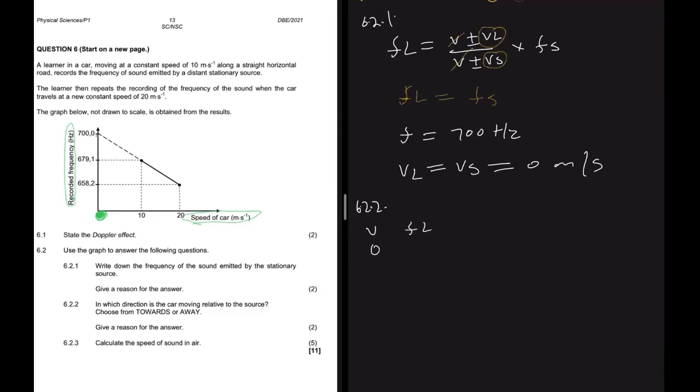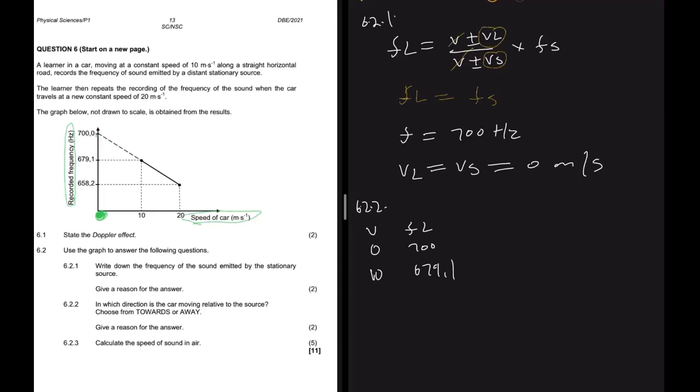if when the velocity is 0, the frequency observed is 700 hertz, and when the velocity is 10 meters per second, the frequency observed is 679.1. So it seems like when the speed of the car is increasing, the frequency observed is going down.